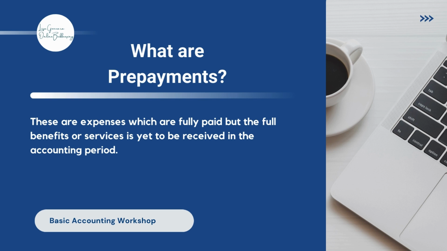In January, you record the payment of the full amount, but during each month, you record the expense for each month. For example, the subscription is 240, divided by 12 months. So you are going to expense 20 each month.